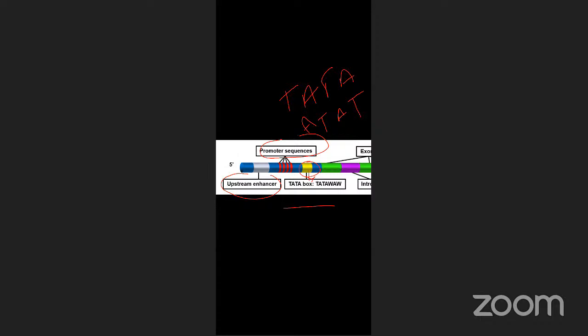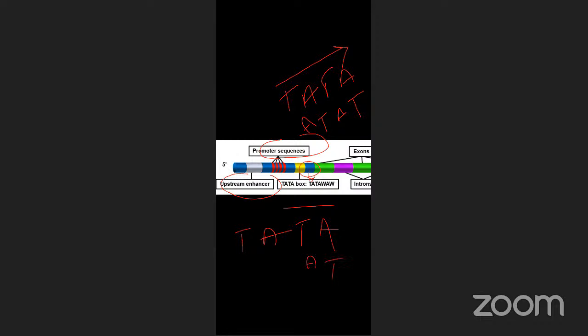If you read in this direction, TATA, and in the reverse direction, TA, that is 5' end to 3' end and the reverse process. This box is called the TATA box. This is the initiation site of protein synthesis. What is the first stage of protein synthesis? Transcription. Transcription starts with the TATA box. The TATA box is the initiation site.